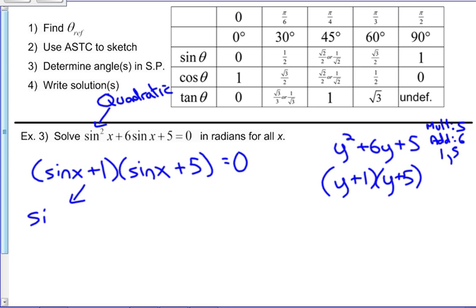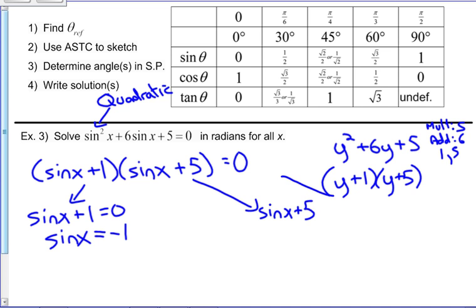So that means sine x plus 1 equals 0. Or sine x equals negative 1. The other elementary equation we get is sine x plus 5 equals 0. Or sine x equals negative 5. Let's go ahead and solve each of these.